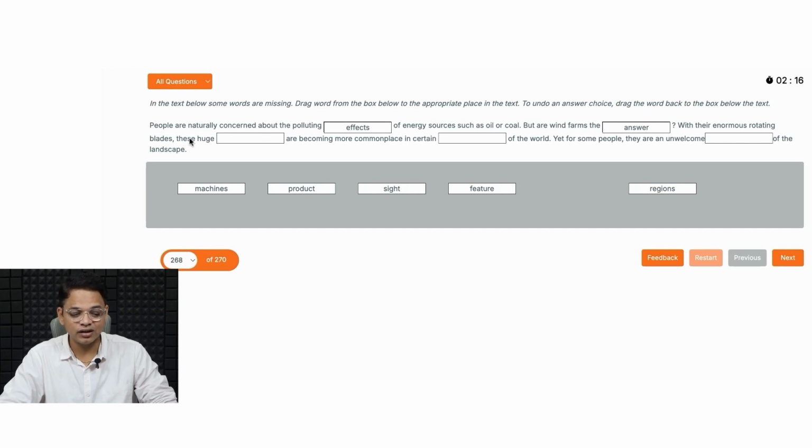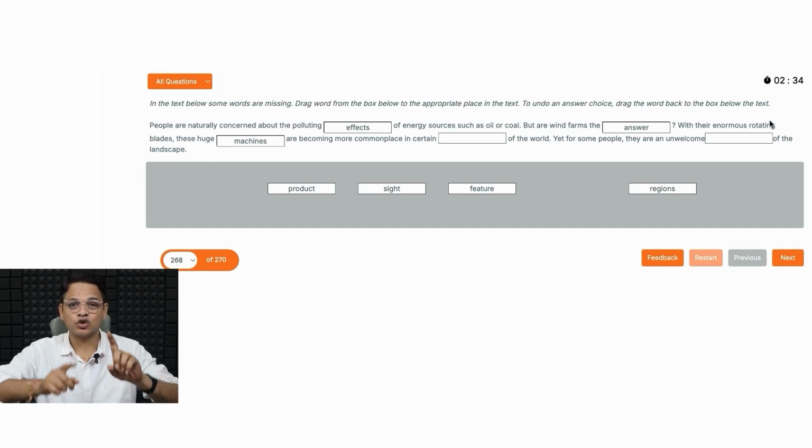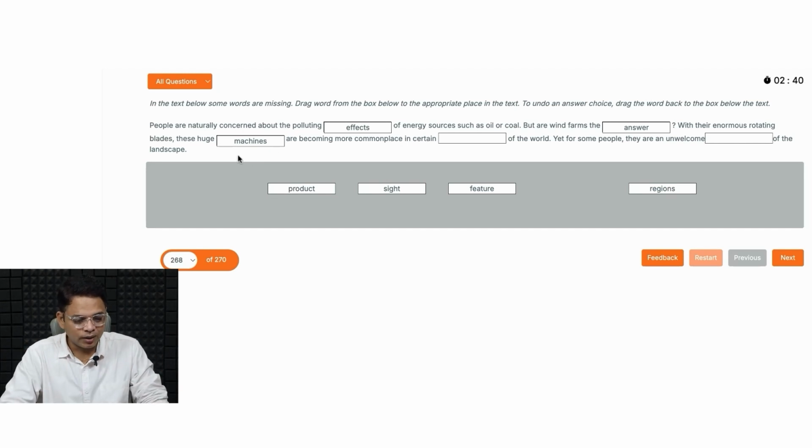Because of these, we need what? A plural noun. So only we have 2 options. One is what? Machines. The other one is what? Regions. Okay, so machines, because it says what? Enormous rotating blades and all are related to machines, right? Not regions.